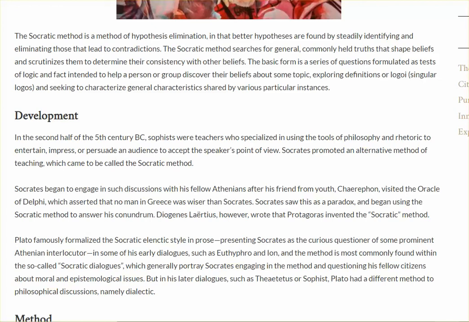So the Socratic method is a method of hypothesis elimination, because we need to eliminate hypotheses. The better hypotheses are found by steadily identifying and eliminating those that lead to contradictions. In any discussion, we are going to remove those contradictions and arrive at a certain answer or point without any contradiction in it.